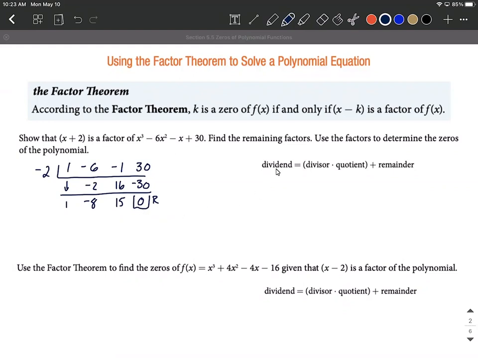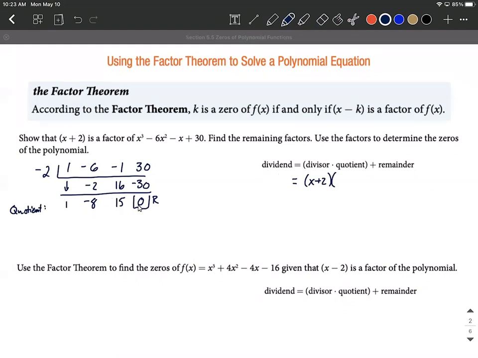All right, now let's see if we can rewrite this. The dividend, that's this function here, x cubed minus 6x squared minus x plus 30, goes on this side, equals our divisor. Well, we just divided by x plus 2, times the quotient. The quotient, if you understand how to read it, is given by these coefficients down below.